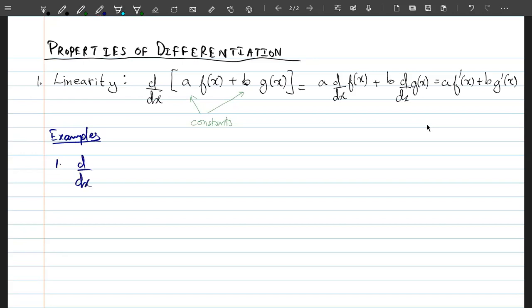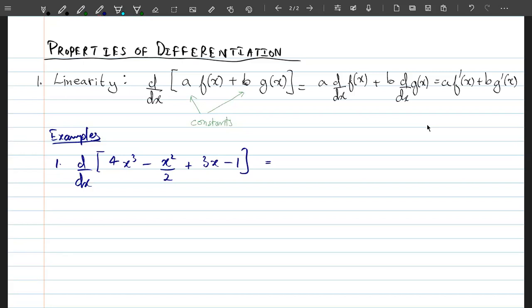how do you differentiate a polynomial? Let's say I'll take a concrete polynomial now. So let's say 4x cube minus x square by 2 plus 3x minus 1.